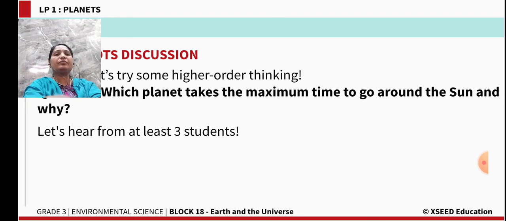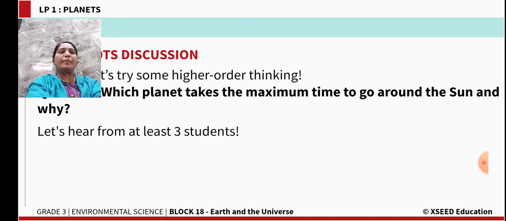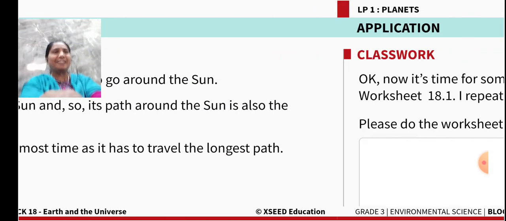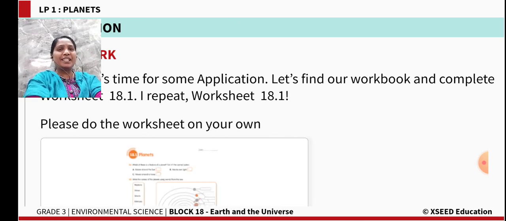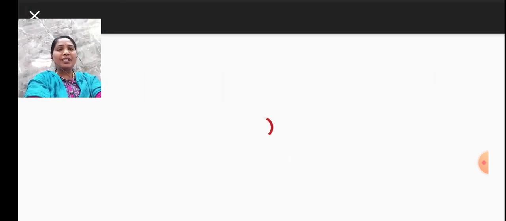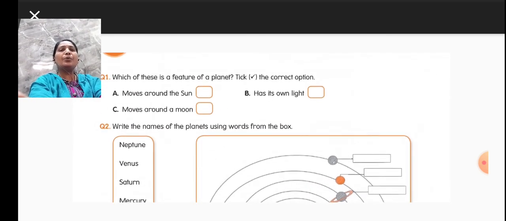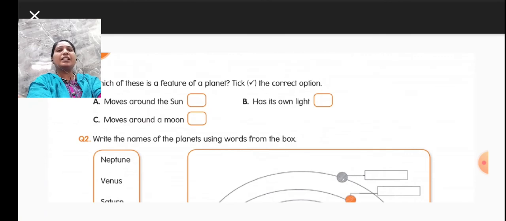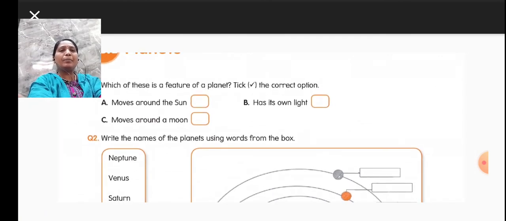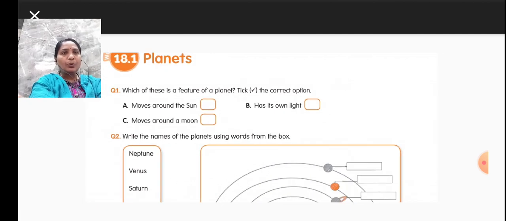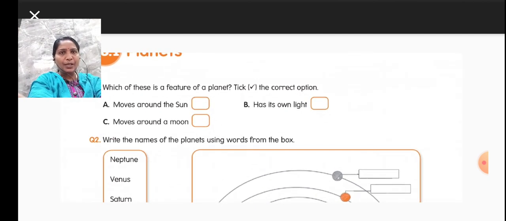Which planet takes the maximum time to go around the sun? Obviously it is Neptune, because it is so far away from the sun. Yes? And now we will see the questions which are given in your worksheet. So here it is asking you, which of these is a feature of a planet? So when you can say it is a planet, what feature should the planet have?